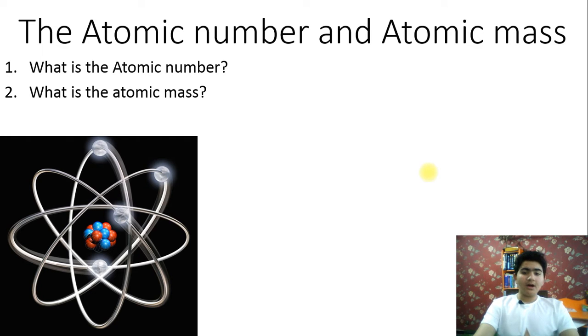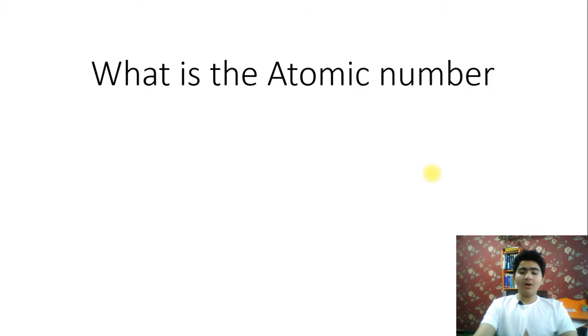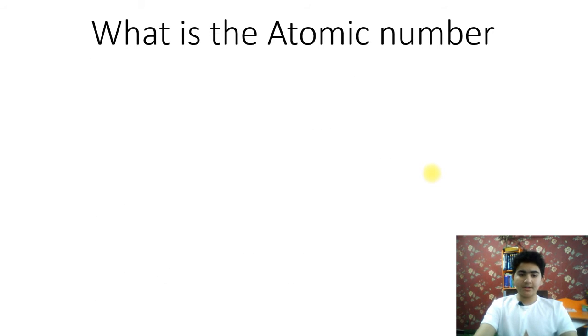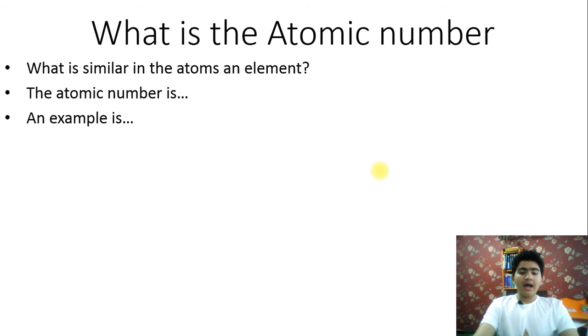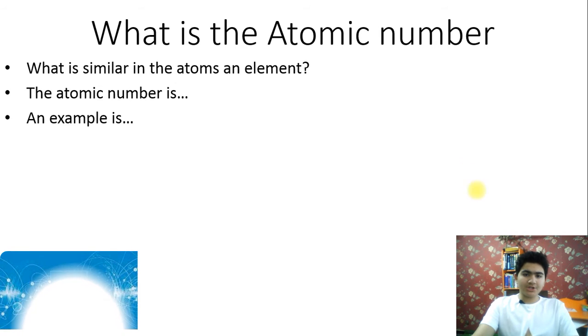So atoms of various elements differ in their number of subatomic particles. All the atoms of one element have the same number of protons inside the nucleus. This number of protons, which is unique to an element, is called the atomic number, as you can see in this picture.